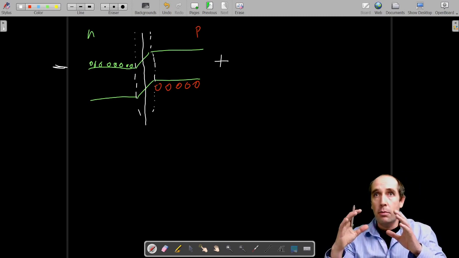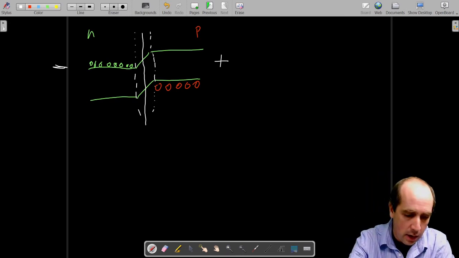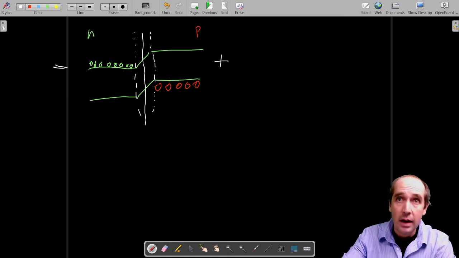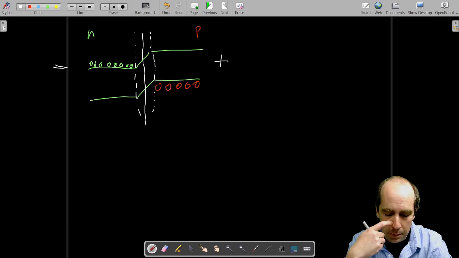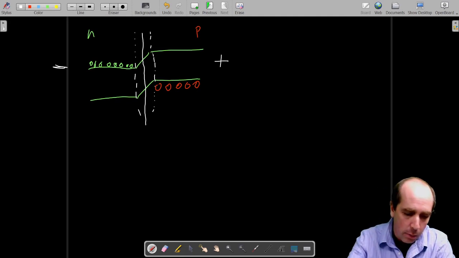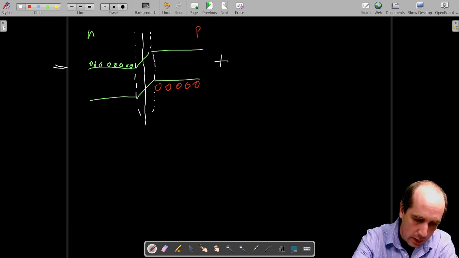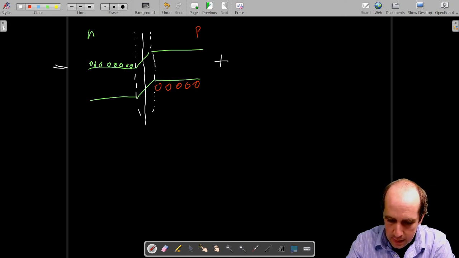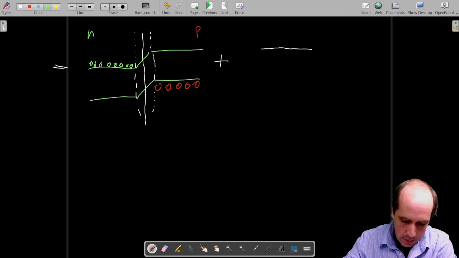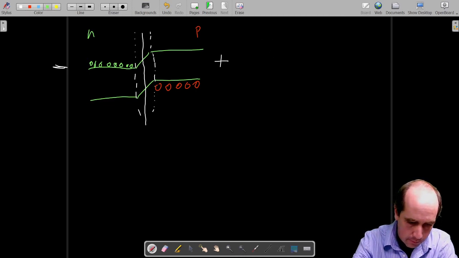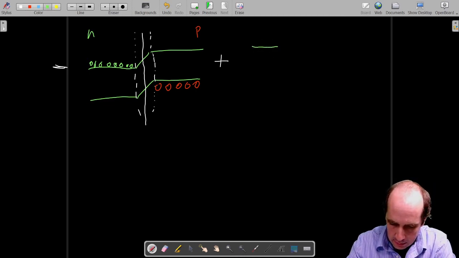They actually produce a potential that then realigns and eventually misaligns the bands in the opposite direction. So what we have in the biased case is that the bands, when they are biased, look like that.